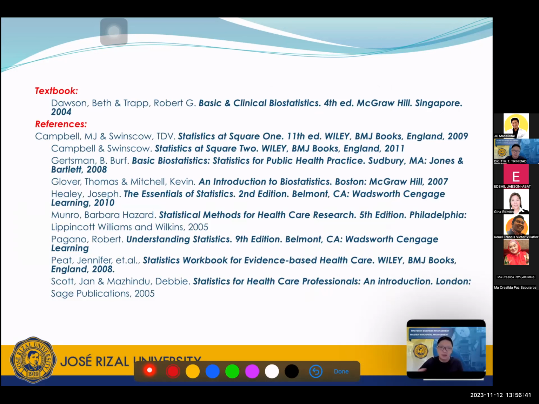Because with statistics, you won't find a book that gives you a straightforward discussion. Usually, the good statistics books are those for engineers, which are more complete. Otherwise, I have not yet seen a single textbook that will discuss everything and anything about statistics in a single setting. So otherwise, this will be the recommended textbook that you can use.